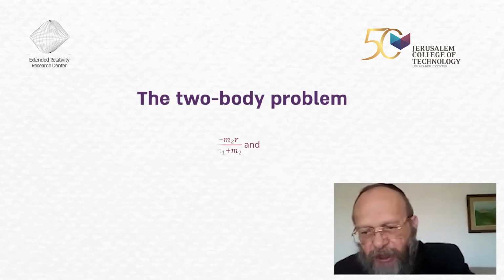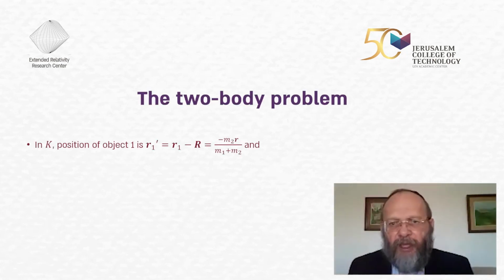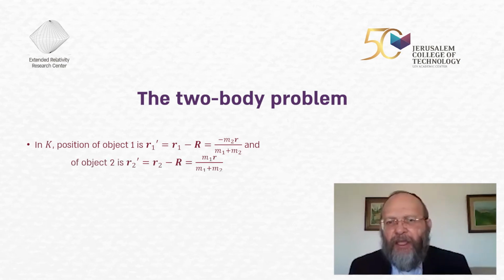You substitute this in the formula, make a common denominator, and you'll get that in the new coordinates R1 prime is connected to r with a constant, and the same thing for R2 prime, also defined by r by another constant.